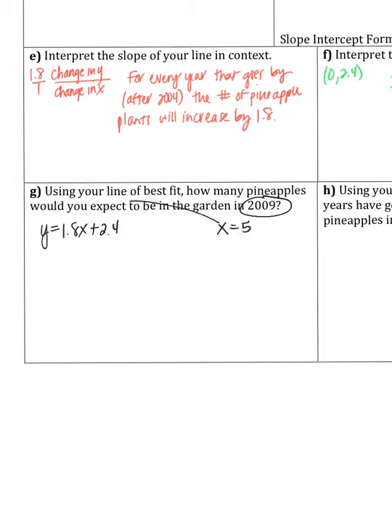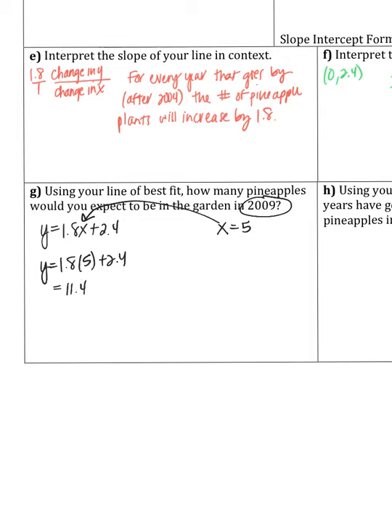So we would plug in x equals 5. So y equals 1.8 times 5 plus 2.4. You can get your calculator and figure out that 1.8 times 5 is 9 plus 2.4 is 11.4.